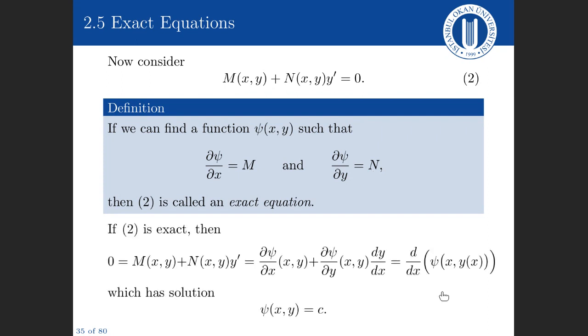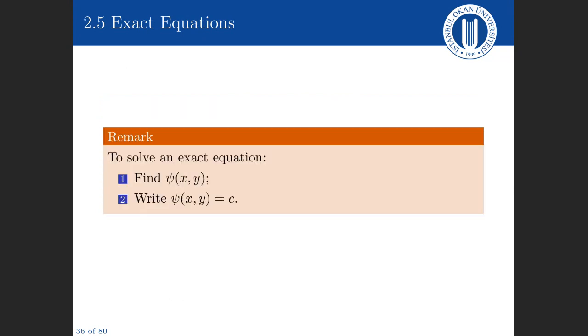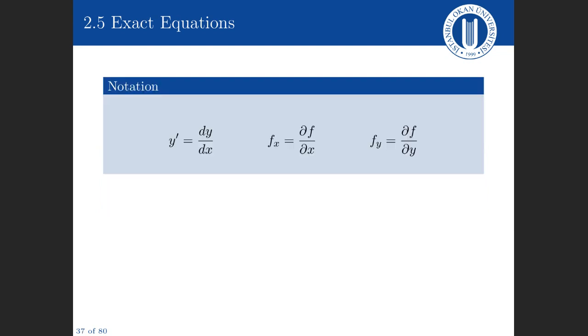And if the equation is exact, we can use the method from the previous example, and we can find that the solution to the differential equation is just psi is equal to c. So, to solve an exact equation, step 1, we must find the special function psi, and then step 2, write the solution: psi is equal to a constant.